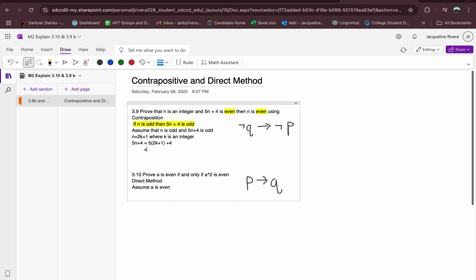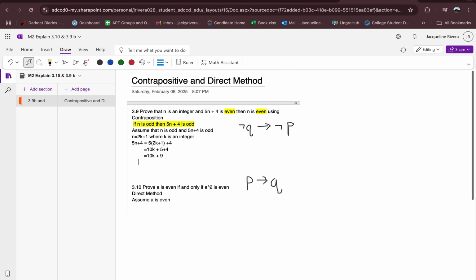And then from here, we're gonna expand the expression to get the lowest form of the expression possible. So here it's gonna be 10k plus 5 plus 4, and then this will be equal to 10k plus 9.